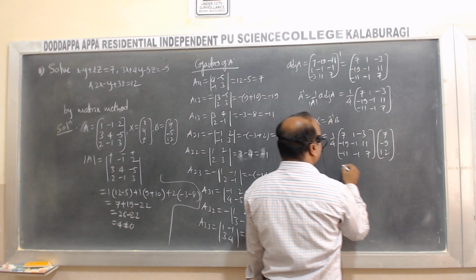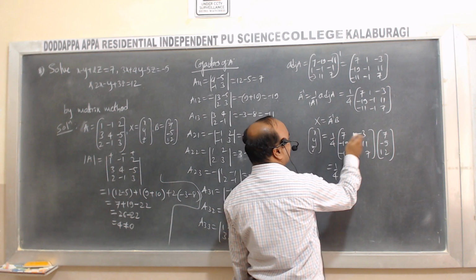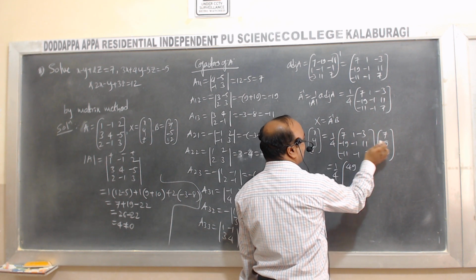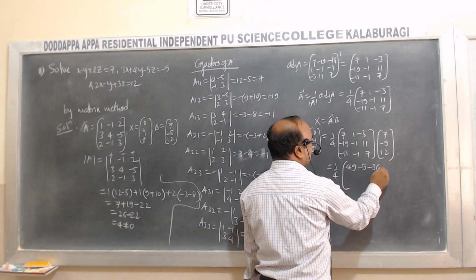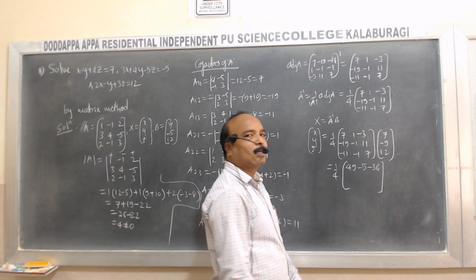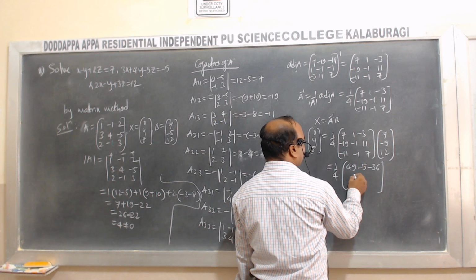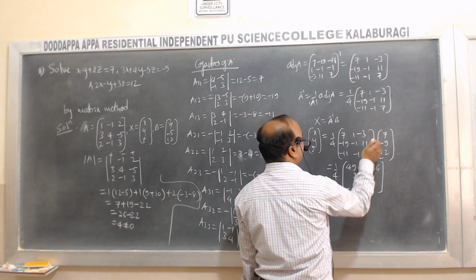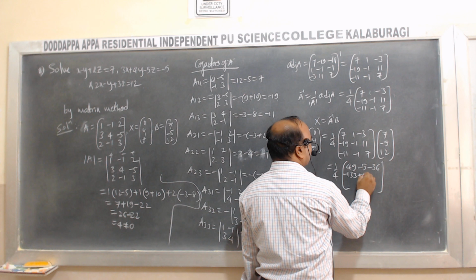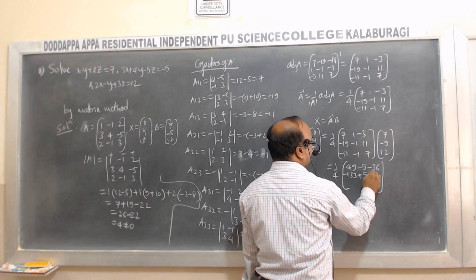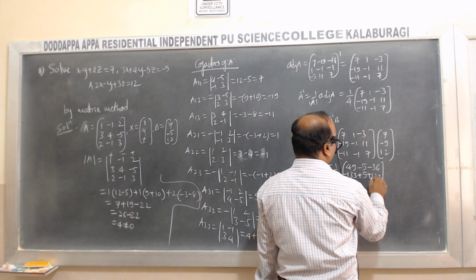So multiplying these two, we get 1 by 4 as it is, 7 into 7, 49, minus 1 into 5, 5, minus 36. Next, second row, 19 into 7, 133, minus into minus, plus 5, plus 132.